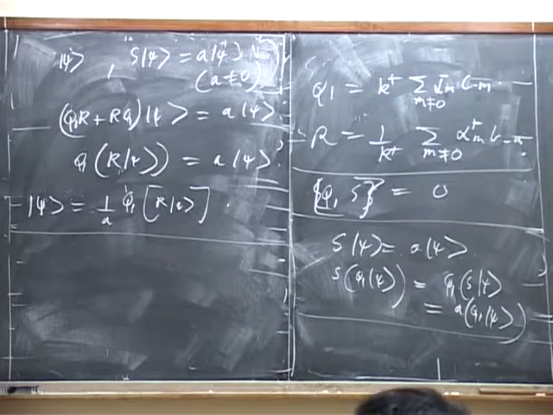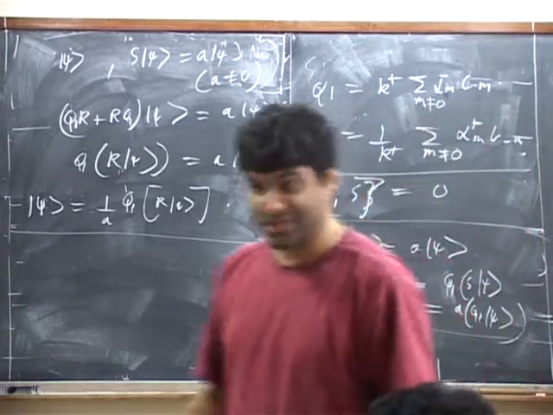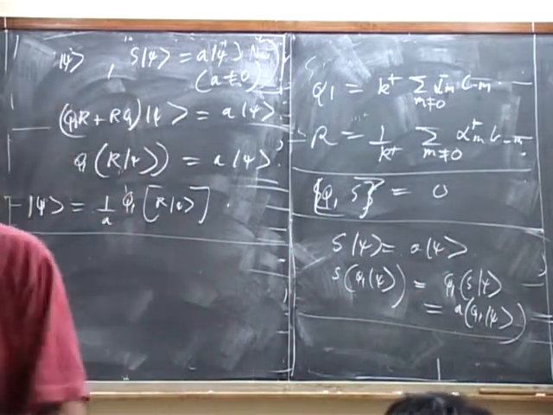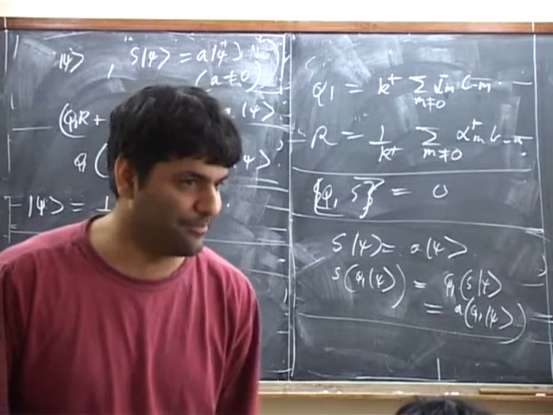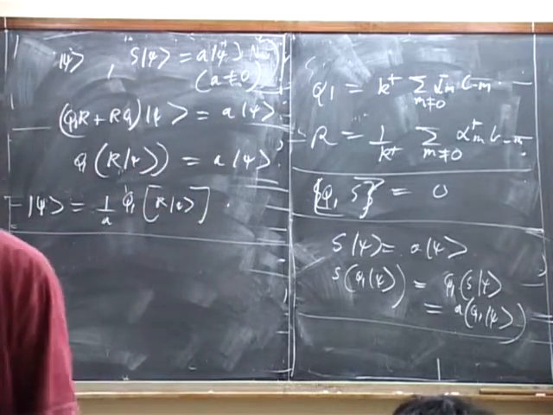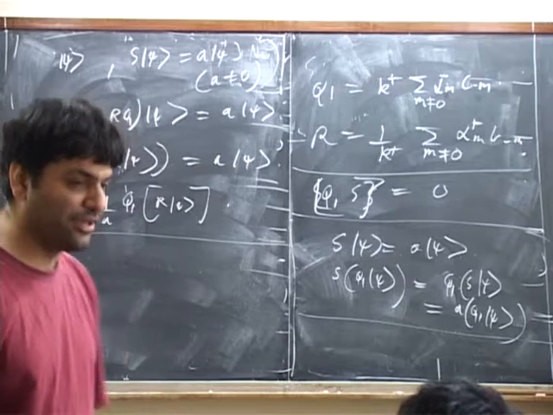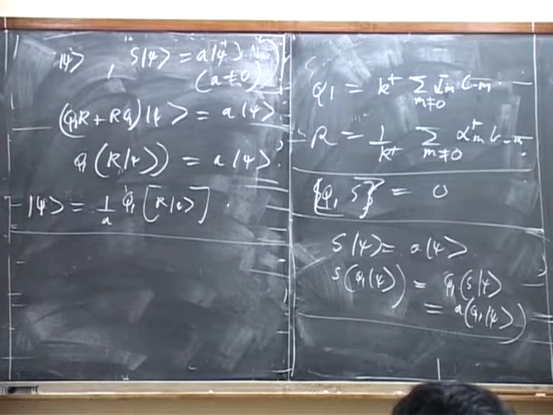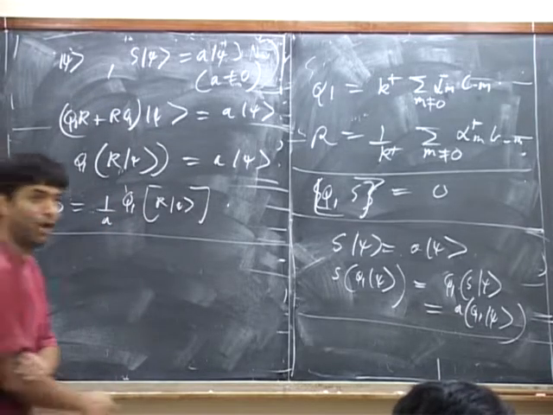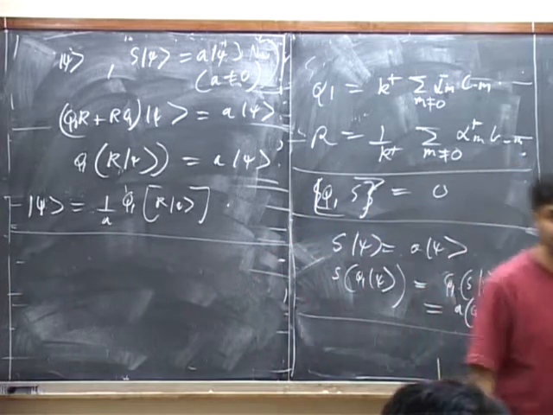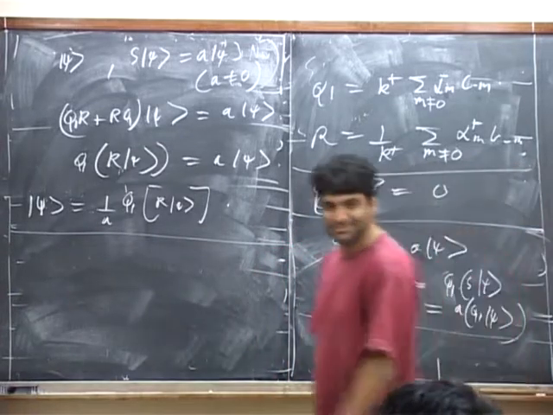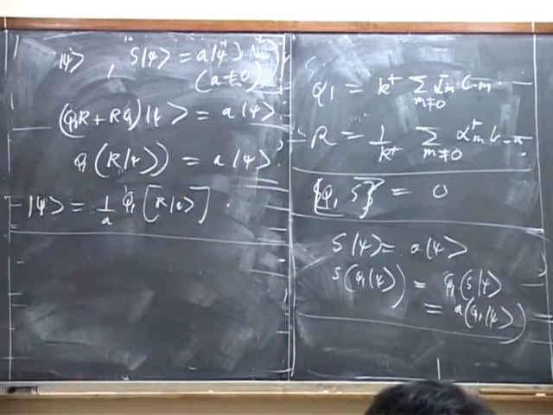We still want to demonstrate that Q1 cohomology is equal to this. We have to show that every state with S equals 0 lies in Q1 cohomology. Okay? So that's what we're going to do next. But we've already achieved a large part of our job, though only for Q1, not for Q2. Yes? We have to show this for the full Q cohomology, which will come. Okay.